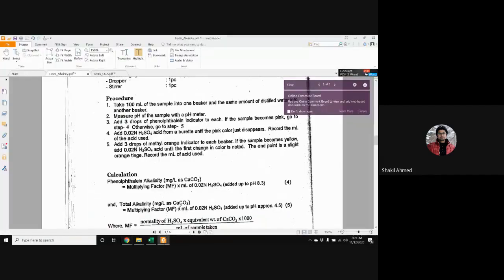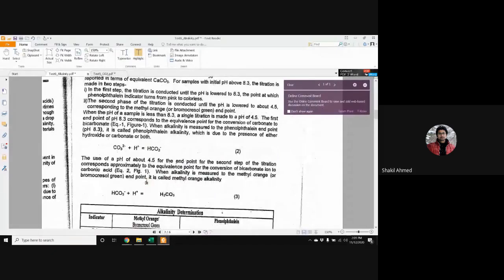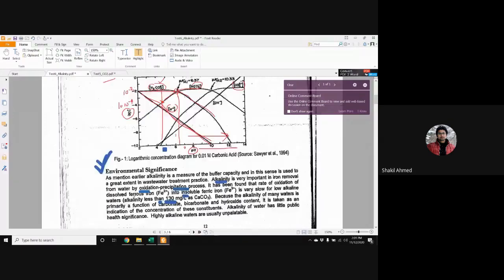Alkalinity is basically the opposite of acid, so we measure it by applying acid.